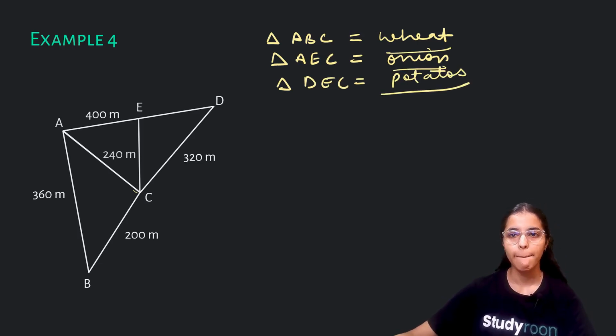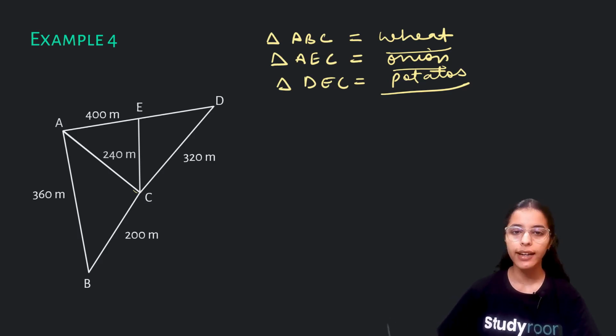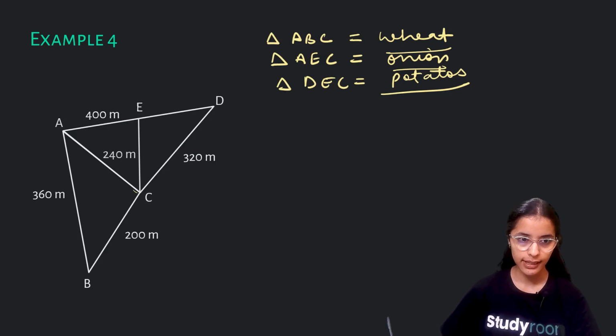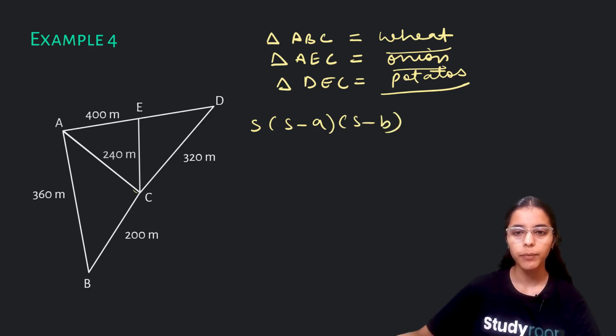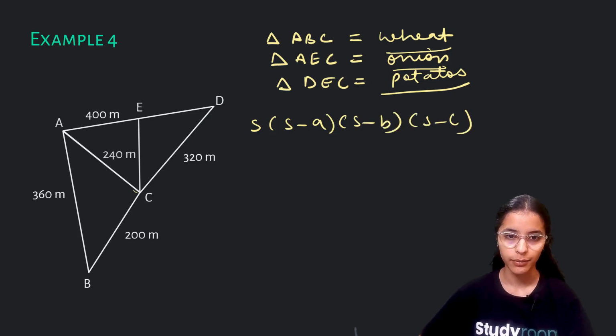So now we can easily find out the area of ABC. It will be the square root of S into S minus A, S minus B, S minus C.